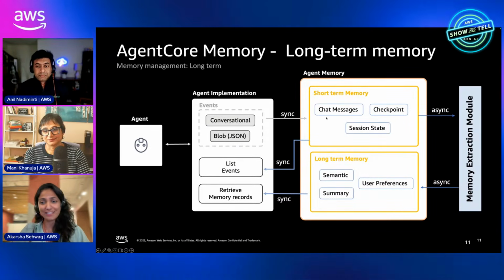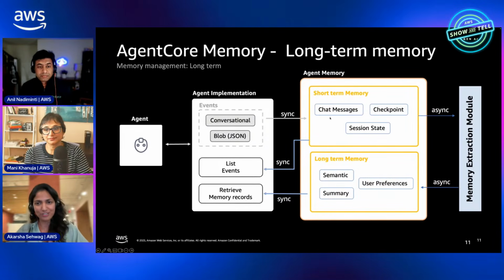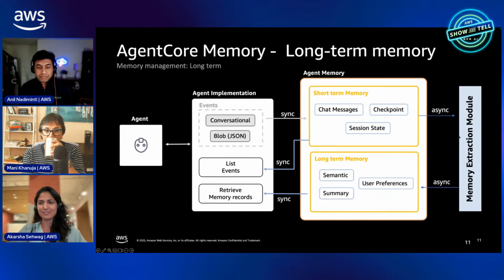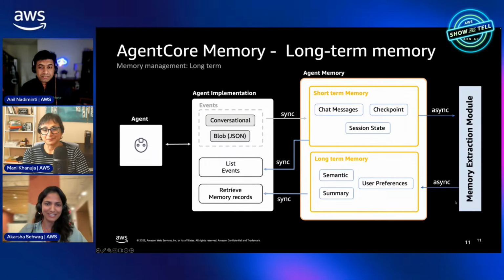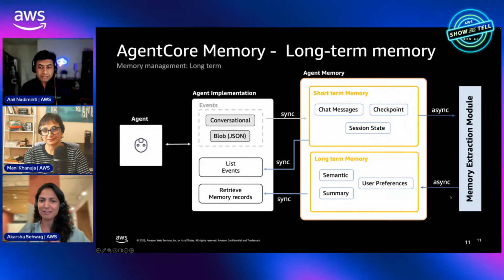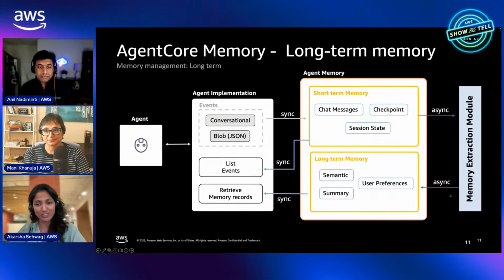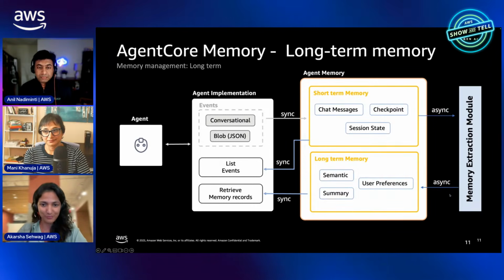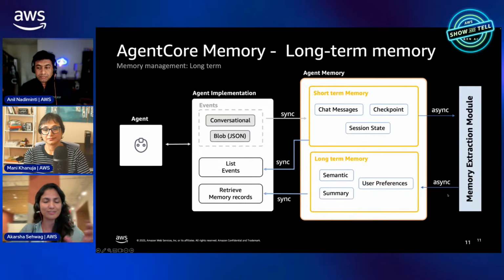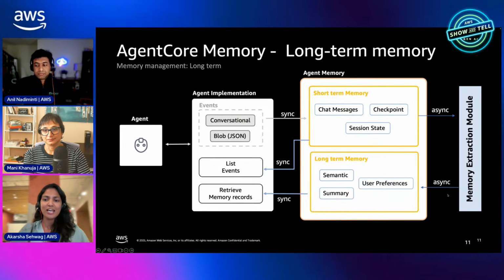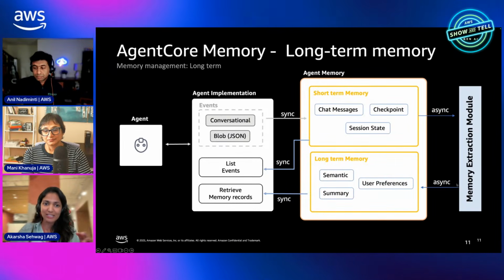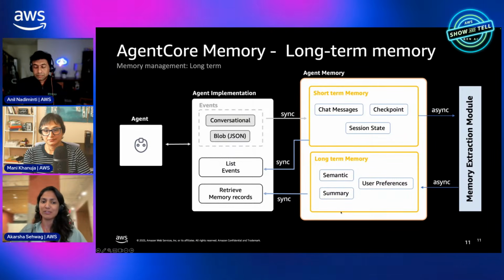There's an asynchronous pipeline, a memory extraction module, which does some pretty smart work behind the scenes. This is the module that takes in all the raw data, and depending on the strategies that you have defined and configured while you created the memory resource, based on that, it extracts the relevant piece of information.